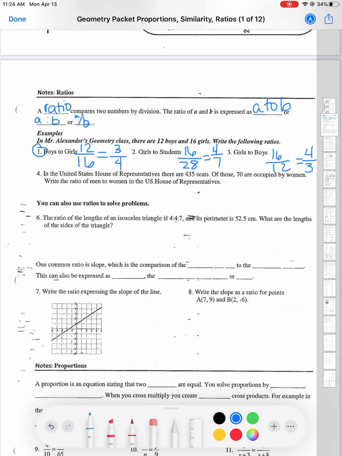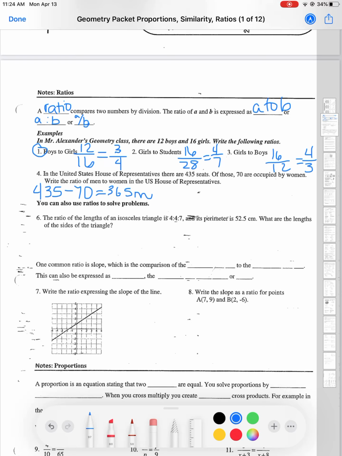In the United States House of Representatives, there are 435 seats. Of those, 70 are occupied by women. Write the ratio of men to women in the U.S. House of Representatives. So if 70 are women, then we need to figure out how many are not women. To do that, we would need to take 435 minus 70 to figure out how many are men.